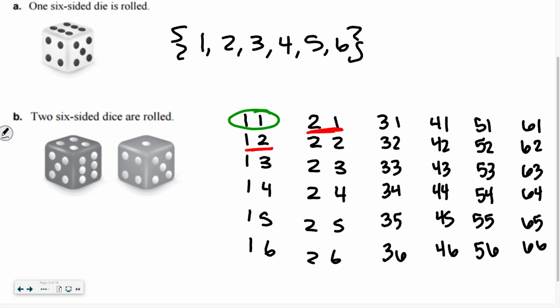They don't count the 2 and 1 different than the 1 and 2, or every time they see a double, they count it twice. 1, 1, 1, 1. That's one way. So this cements that, and you can see all the doubles are on this diagonal, right? So there's a 1/6 probability of rolling doubles. And then everything else has a matching pair.